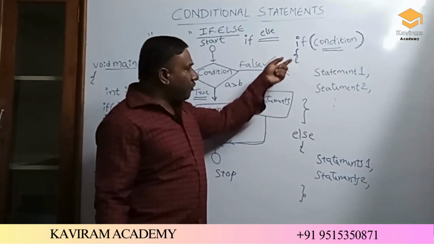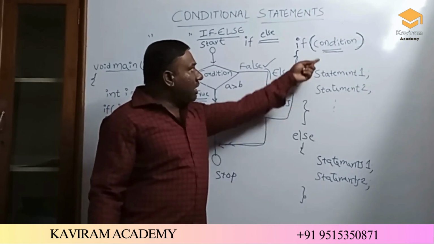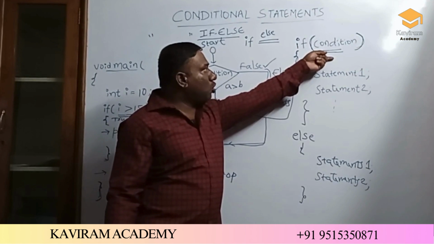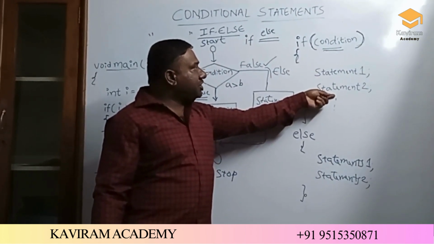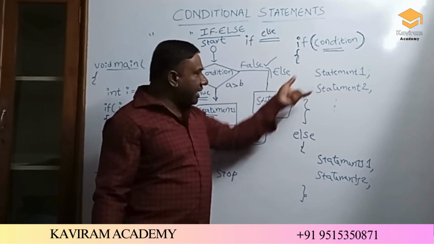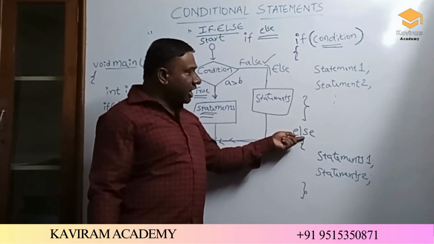See here in if else, again no condition is checked in the else. Only in the if, if the condition is true, then these statements will be executed. But the else part is not going to execute. Your C processor will see else and come out of this.